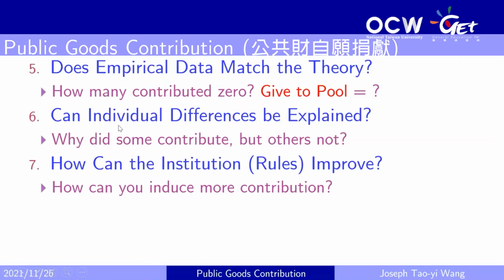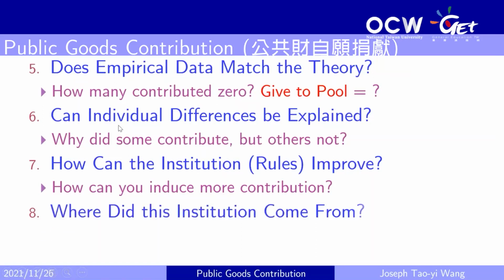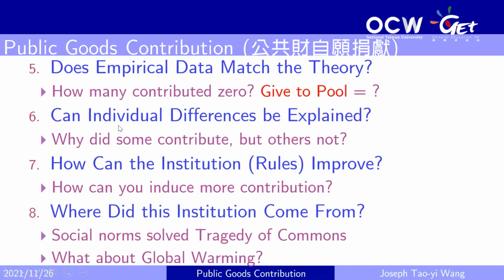Or if we allow people to chat during the experiment, that may raise contribution. What we see in the field is that there are social norms against the tragedy of the commons. So if we allow people to punish the free riders in the experiment, that could induce high contribution.